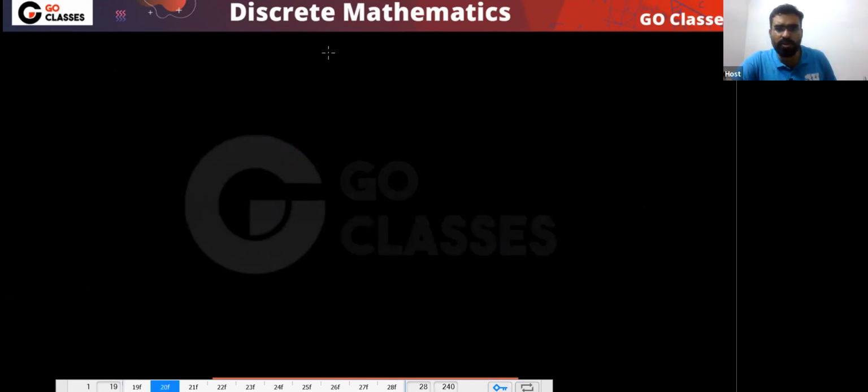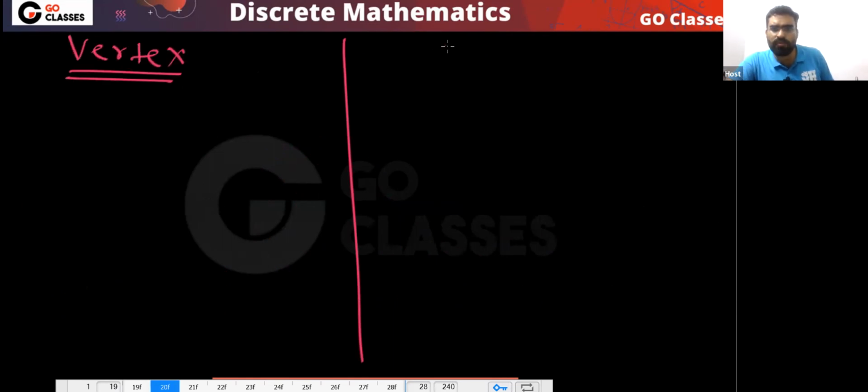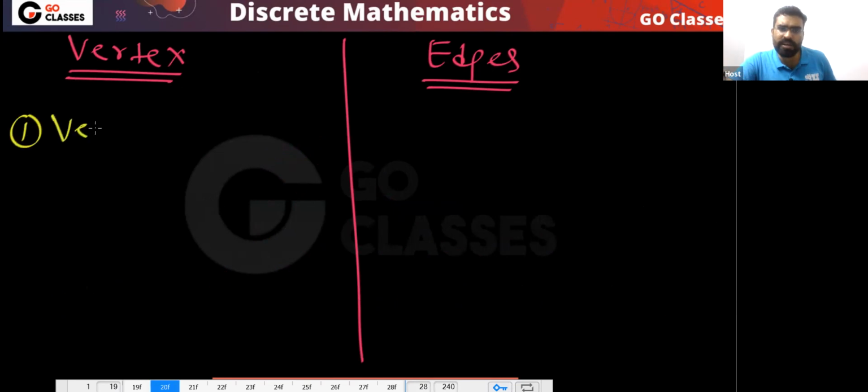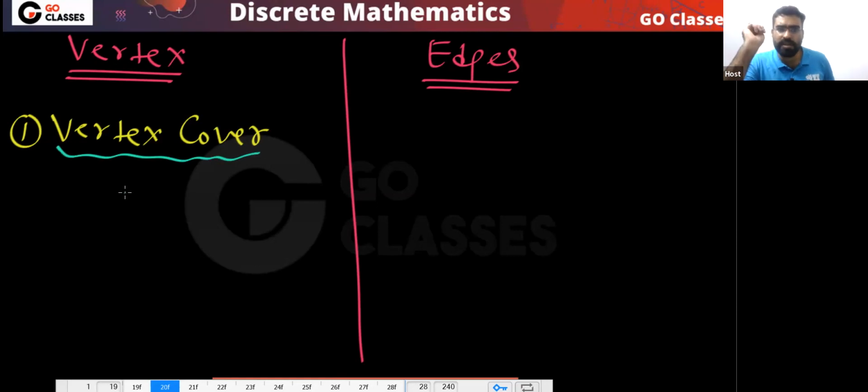Okay, so let me tell you these concepts. Some concepts are for vertices, and some concepts are for edges. For example, vertex cover is a concept for vertices. It is a set of vertices which will cover all the edges.